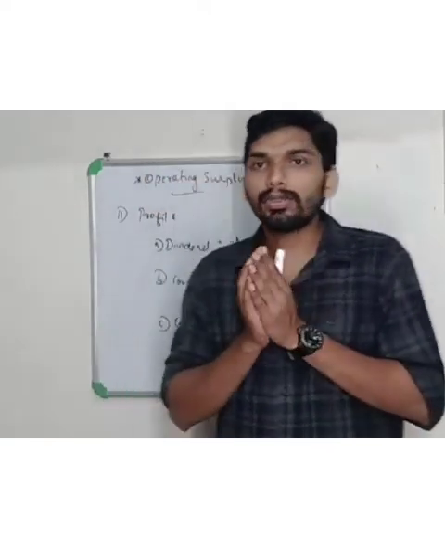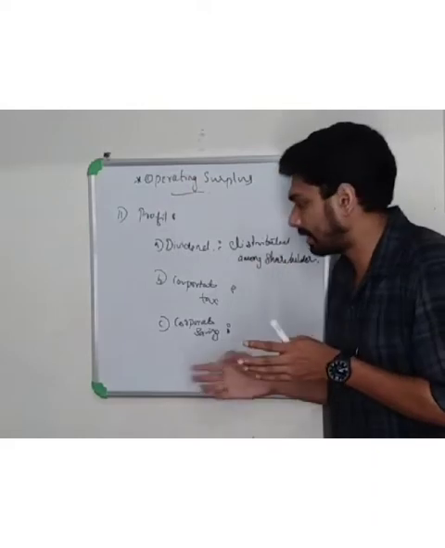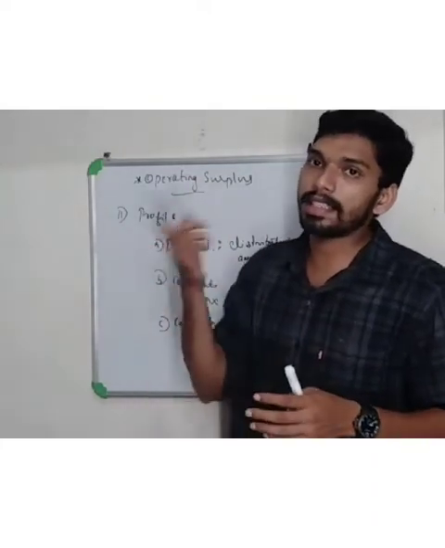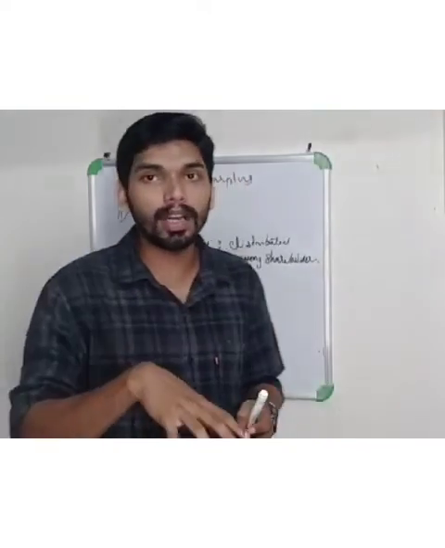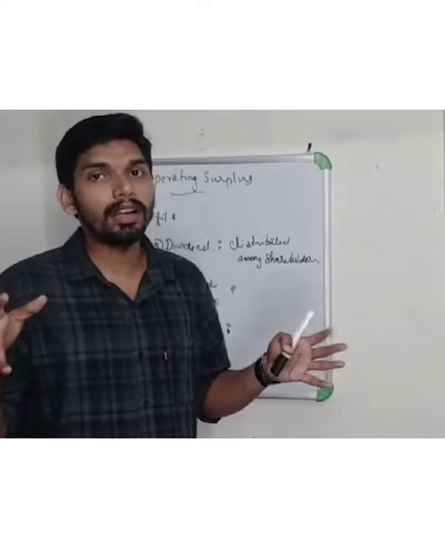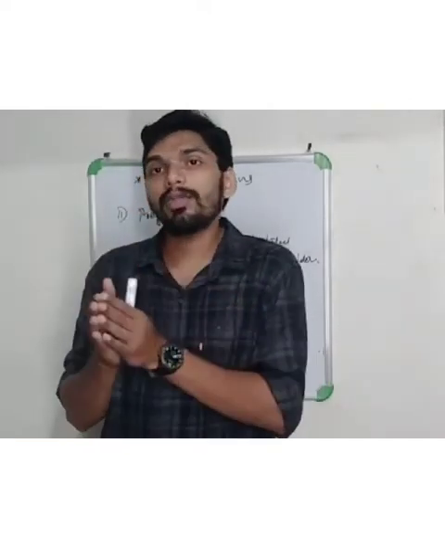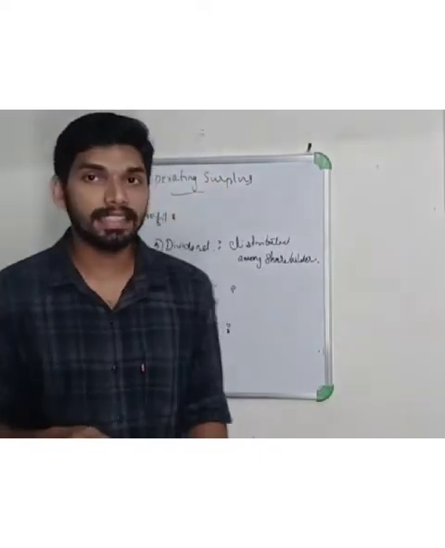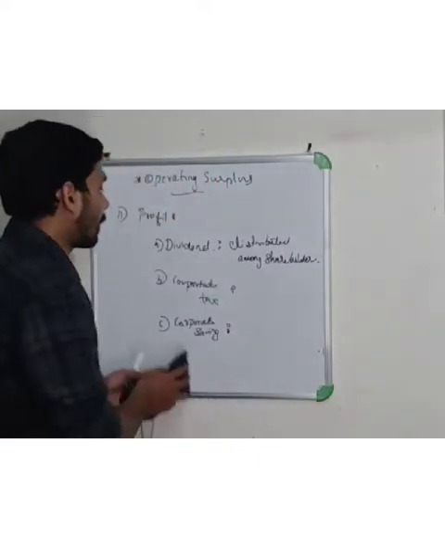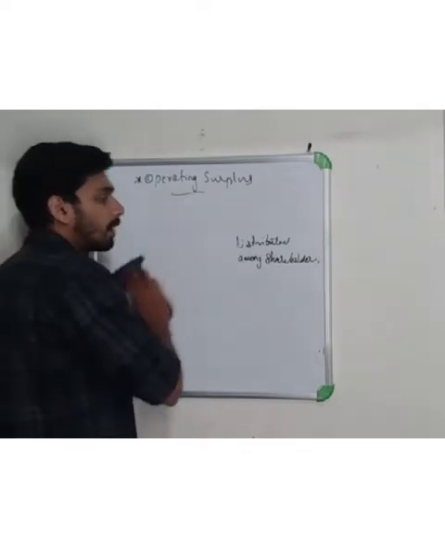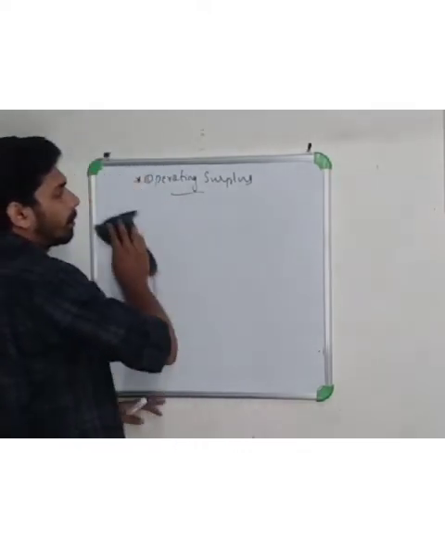So that is the operating surplus. Operating surplus is the income from property and the income from entrepreneurship.